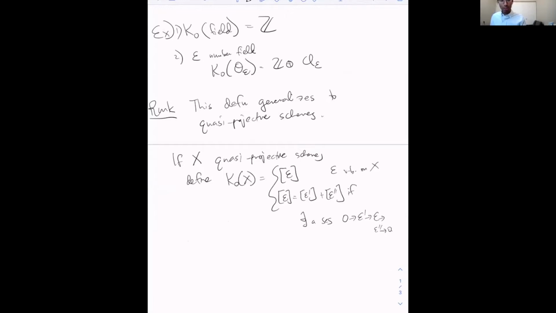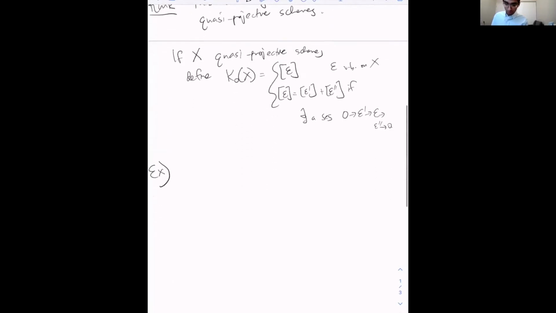I mentioned that it recovers a class group, but another important example of K0, at least rationally, comes from smooth quasi-projective varieties over a field.